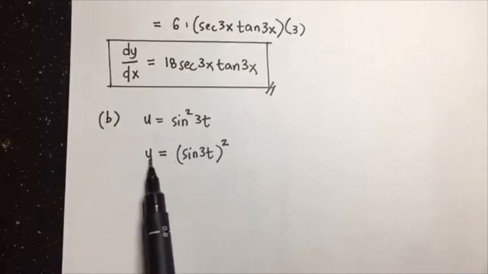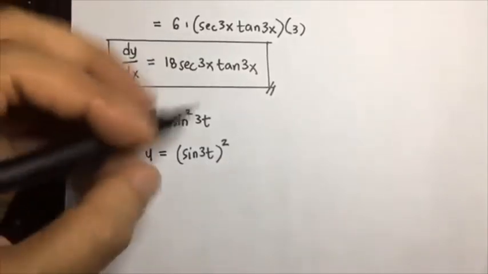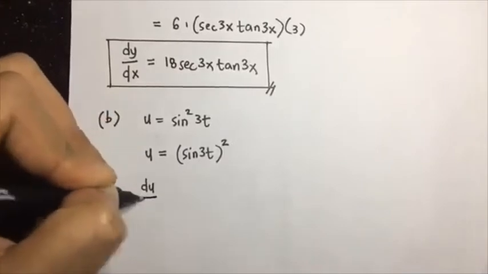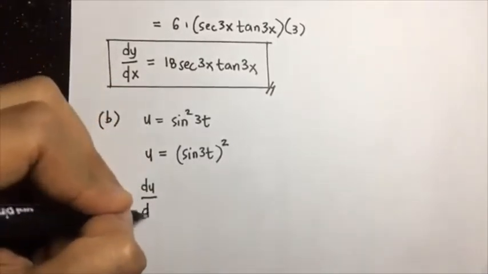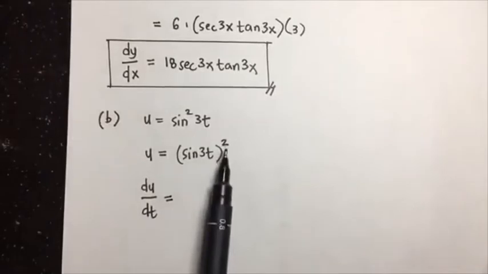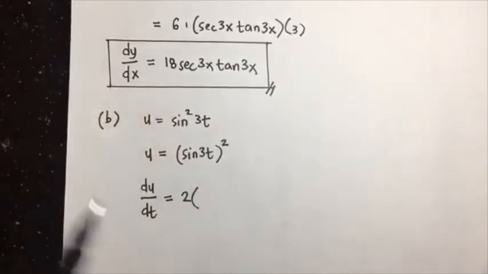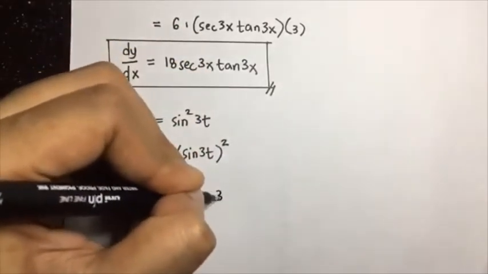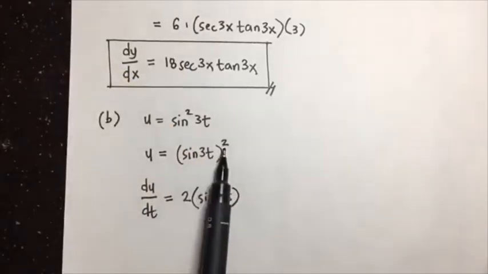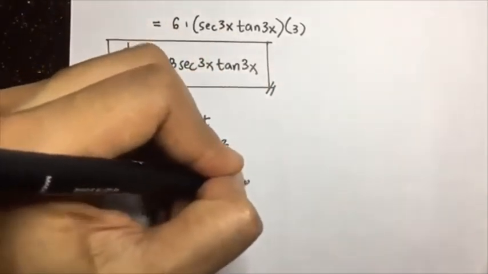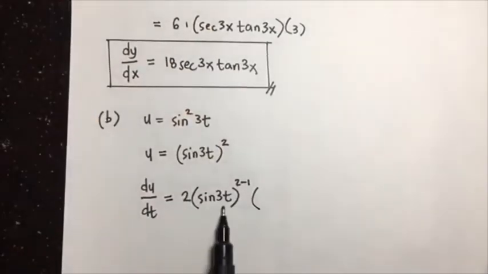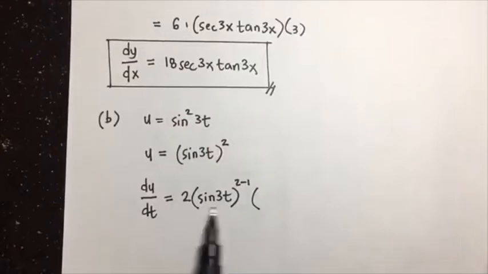Applying the general power formula, du over dt is equal to 2 times sine of 3t raised to 2 minus 1, multiplied by the derivative of what's inside the parenthesis.